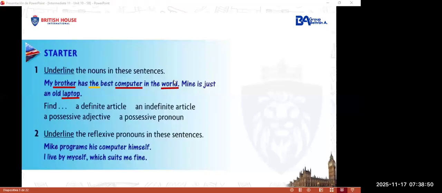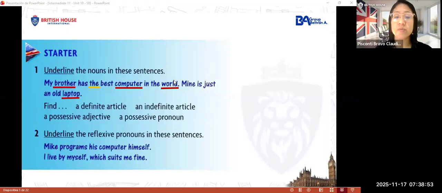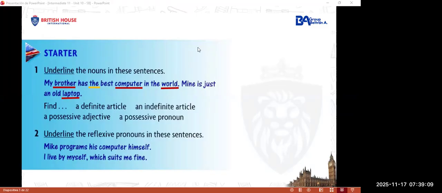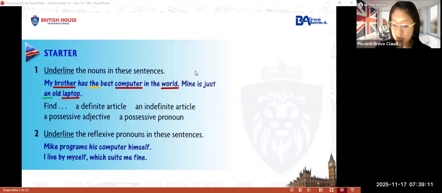Which one is the indefinite article in the sentence? An. In this case, the indefinite article refers to anything, nothing in particular. Mine is just an old laptop. Just any other laptop. That's indefinite.